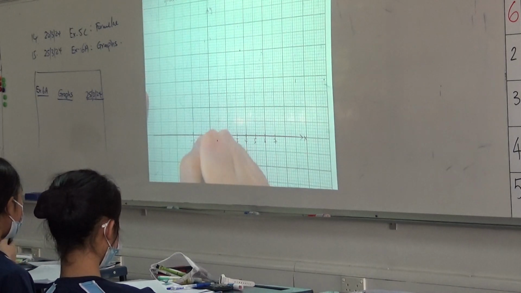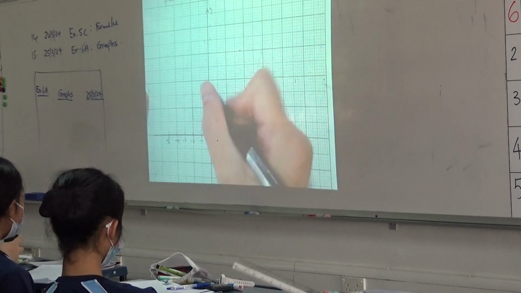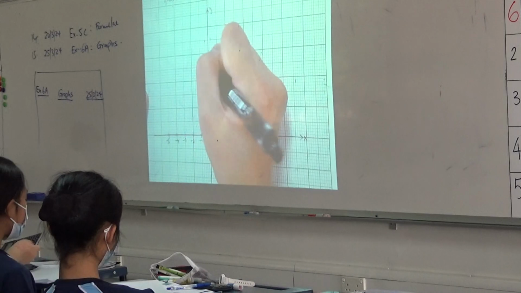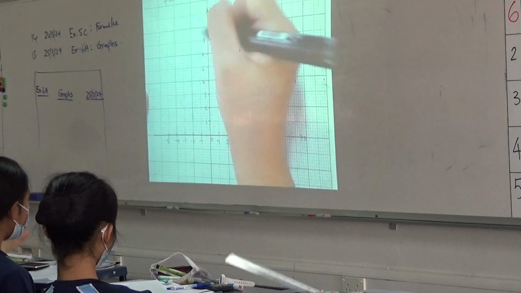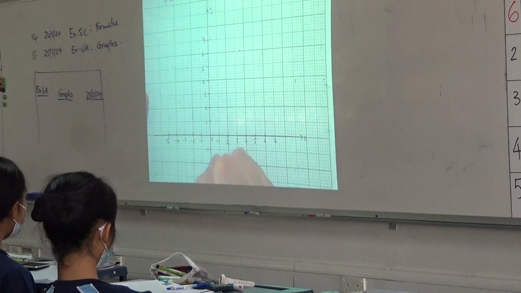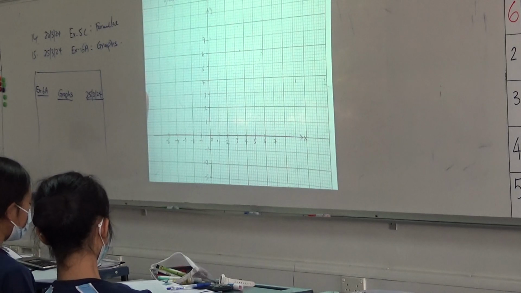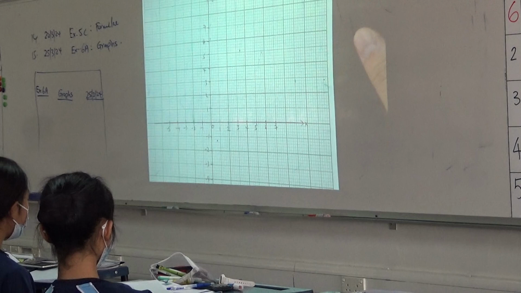The negative side until negative 5. The vertical one you can draw until 6 and 7. The negative one, understand? Understand? Okay.